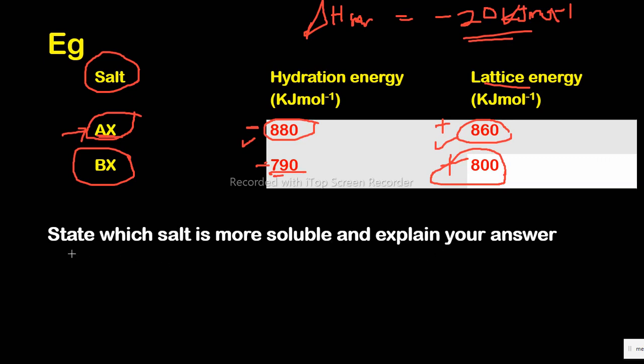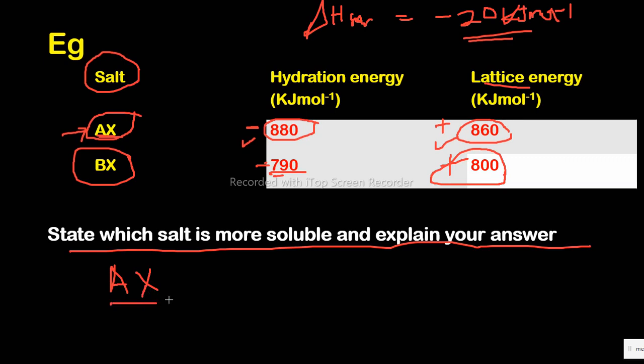So the question is, state which salt is more soluble and explain your answer. And all of you should be in position to see that salt AX is more soluble. Why is it more soluble? Because its enthalpy of solution is negative, it has a negative enthalpy of solution, kilojoules per mole.